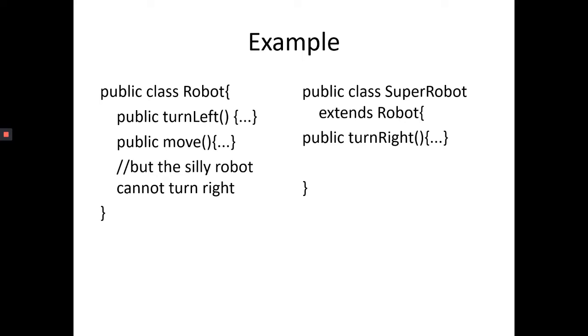Well, if I wanted to then go and create a super robot, all I would need to do is create my class just like normal and then add these words extends robot. And what that means is this super robot will be able to turn left, it will be able to move, but it will now also be able to turn right.